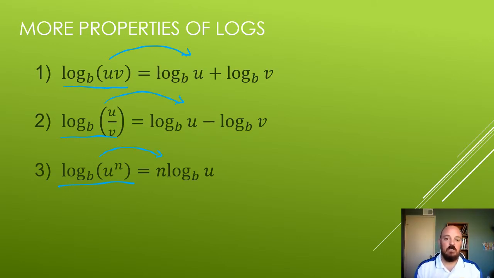Now what you notice here is what I mentioned a minute ago. Over here you're taking the log of something that's complicated, and we're breaking it into two very simple logs. One example of when expanding is good to use is when we get to chapter 8 and we start doing derivatives.